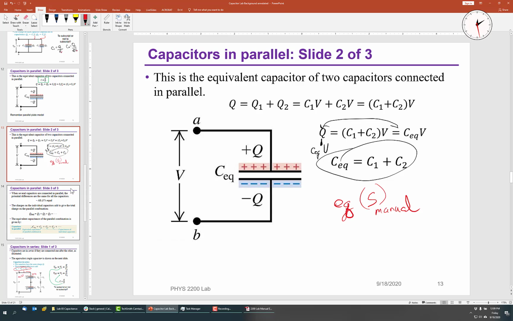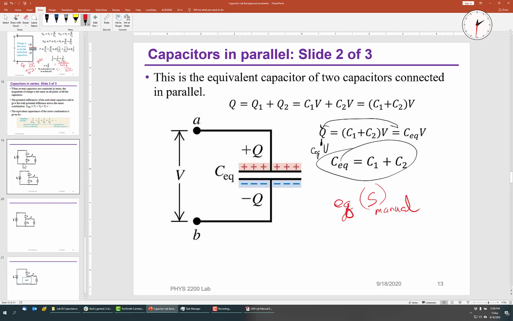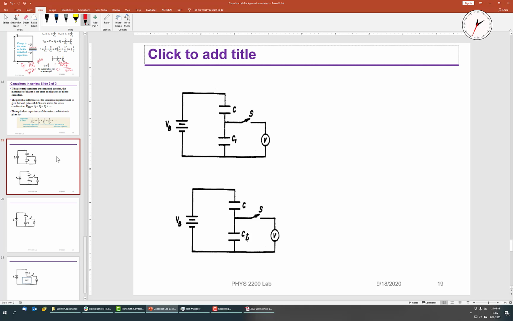Okay, so now we want to get into the experimental technique and how we're going to determine. Remember, our goal is to measure 4 unknown capacitances. That may not be exactly what you think, because part of what we're doing is verifying series and parallel combinations.